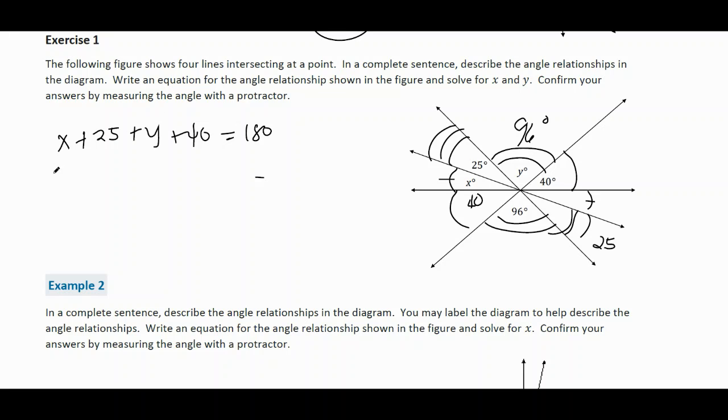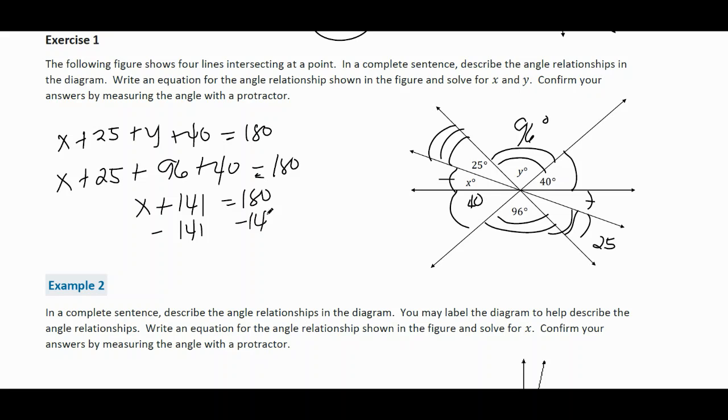Okay, now y. x plus 25, y is 96, plus 40 is going to be 180. 25 plus 96 plus 40 is going to be 141. 180, subtract 141 on both sides. x is going to be 39. 39 here, 39 there. As simple as that.